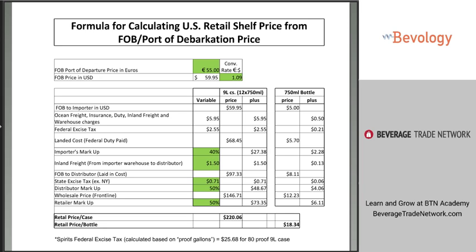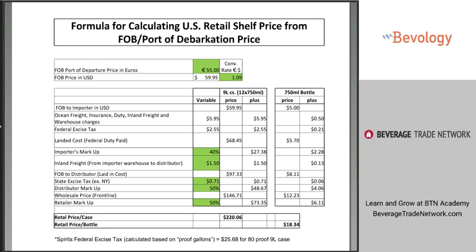If a given importer has a public relations department, or does not, or they sub it out to somebody else, what their sample policy is, and so on and so forth. But we use 40% just as a point of reference. Again, this whole thing is a point of reference, and it's kind of like a most expensive case scenario. Usually you can negotiate down from, again, depending on what you're going to contribute. In any case, a 40% markup on that equals 27.38.